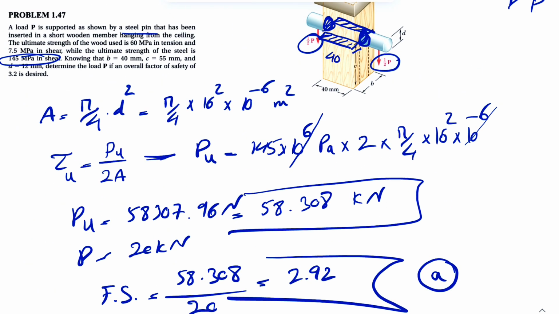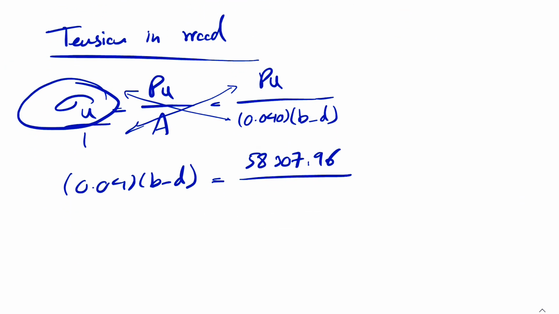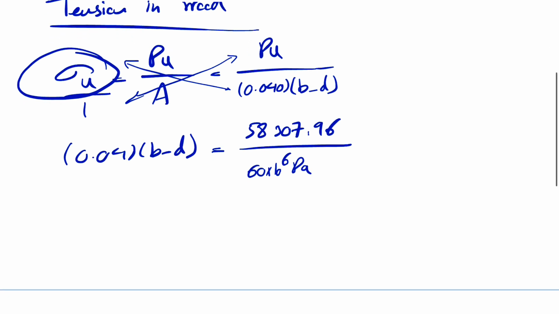That's another piece of information from the question. So we know that the tension ultimate strength for the tension in the wood would be 60 megapascal. So we have 60 times 10 to the 6 pascal. And from here we can find B minus D.